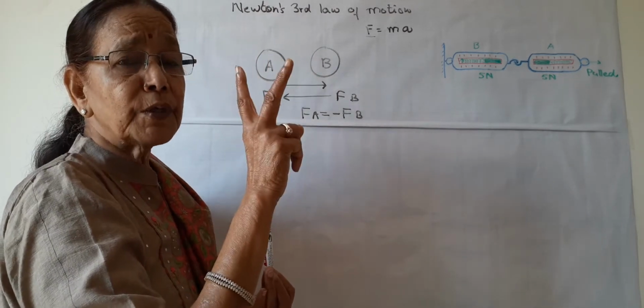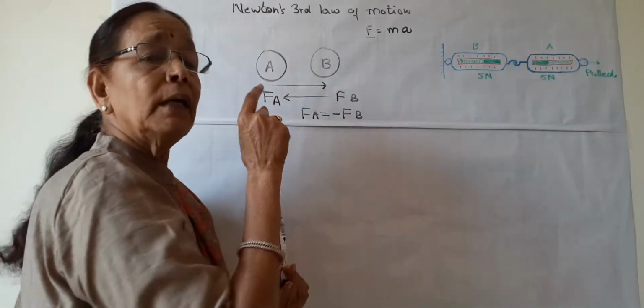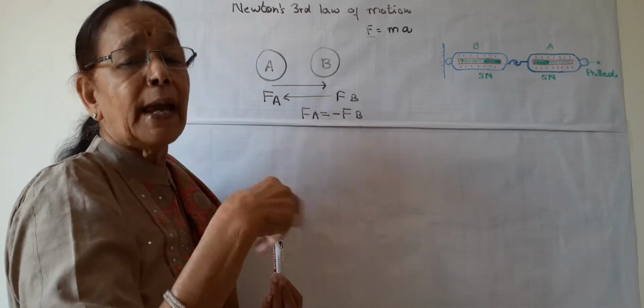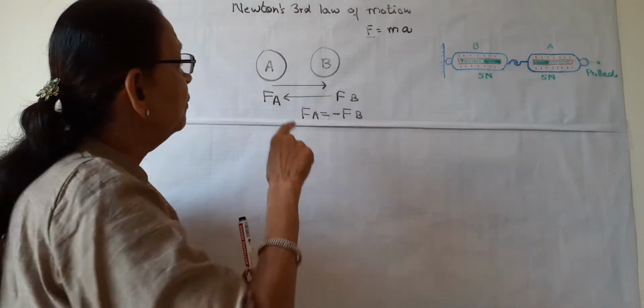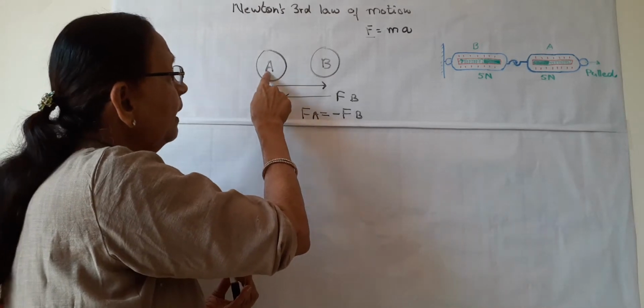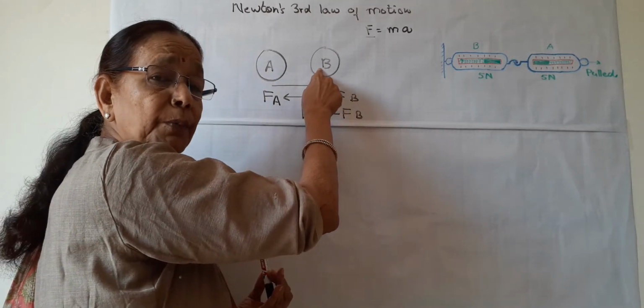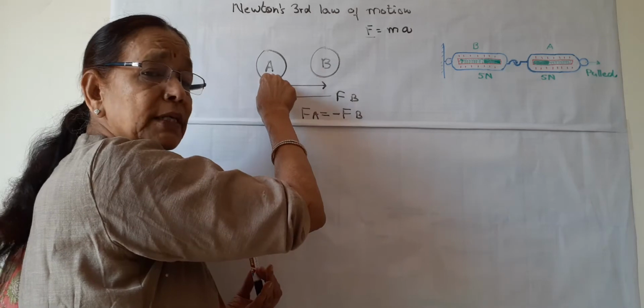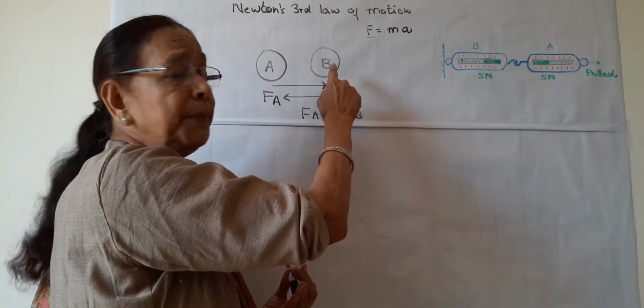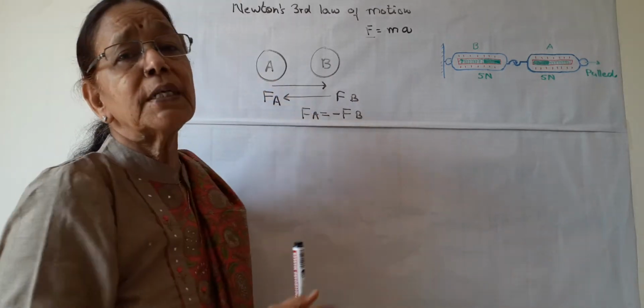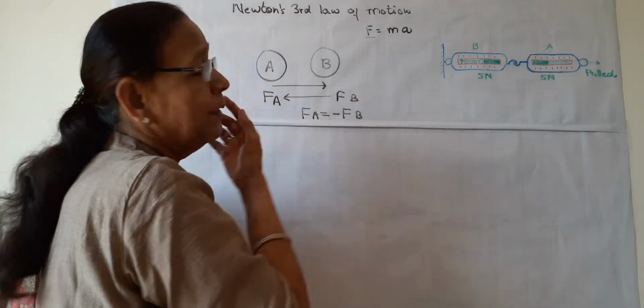A pair of forces are there, and they are also known as action force and reaction force. What is the action force? A is acting on B, so the action force is by A, and the reaction force is exerted by B.